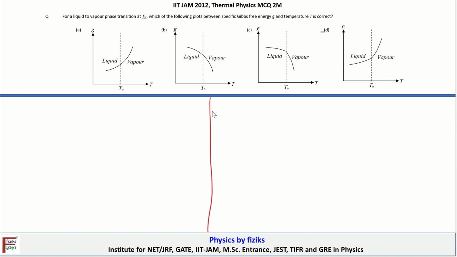The relationship that connects these two parameters, we need to remember this relation: S is equal to minus dG by dT at constant pressure. This relationship can also be rewritten if I define a new parameter, small s, equal to entropy per particle, called a specific entropy.